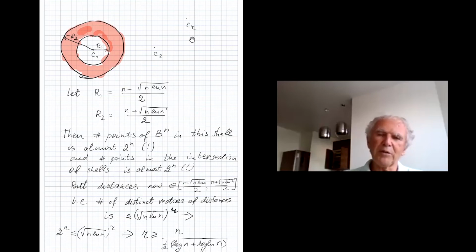That's why I choose here log n times log n. So as it's so big, and the number of points, we know, is not big, at least not more than n, consider the intersection of this.